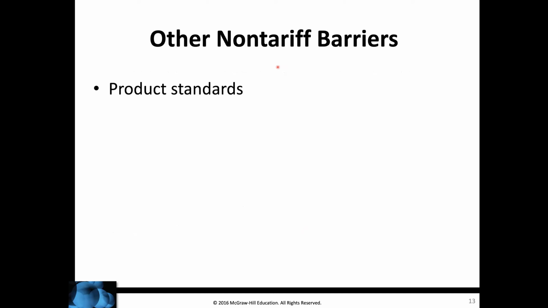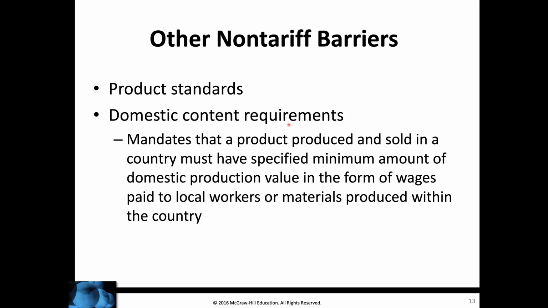Other non-tariff barriers include product standards, domestic content requirements, mandates that a product produced and sold in a country must have a specified minimum amount of domestic production value in the form of wages paid to local workers or materials produced within the country. So this would require that they use materials and or labor within the production of the product from the domestic country.